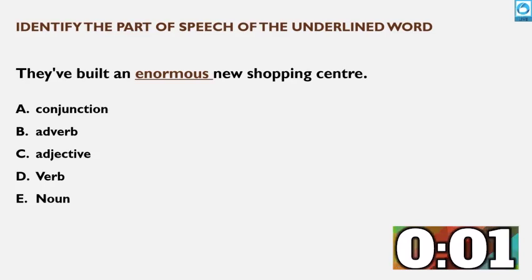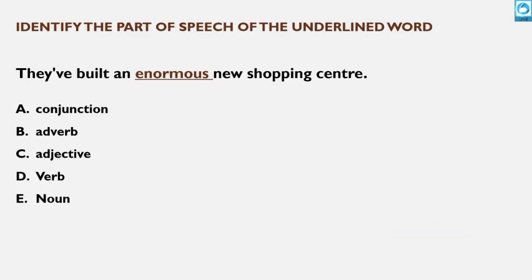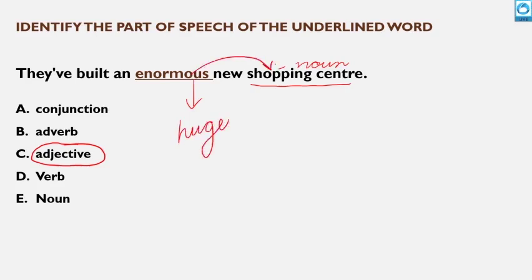They have built an enormous new shopping center. When we talk about shopping center, we are describing a noun. Definitely to describe a noun, we will use an adjective. So enormous means huge, which is an adjective here used for this particular noun.